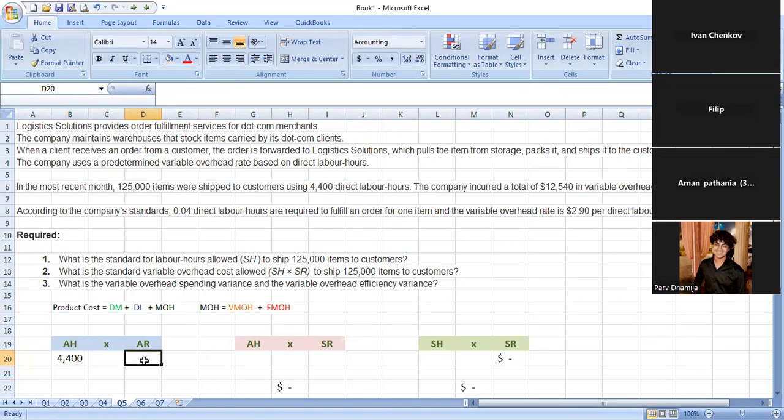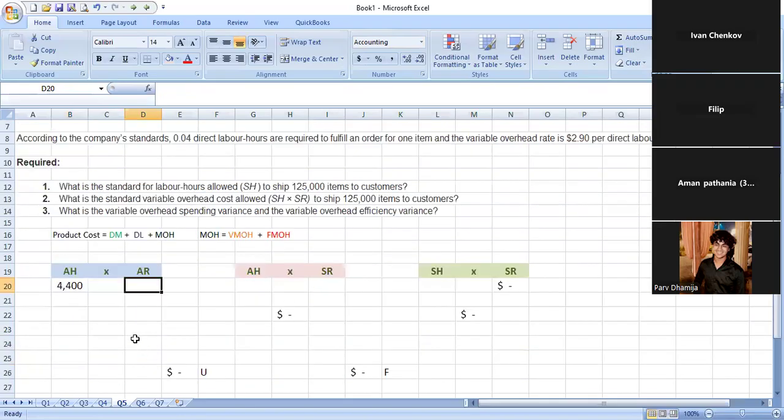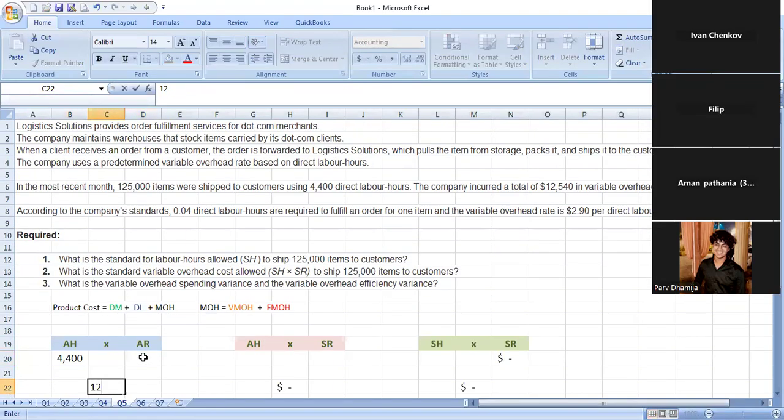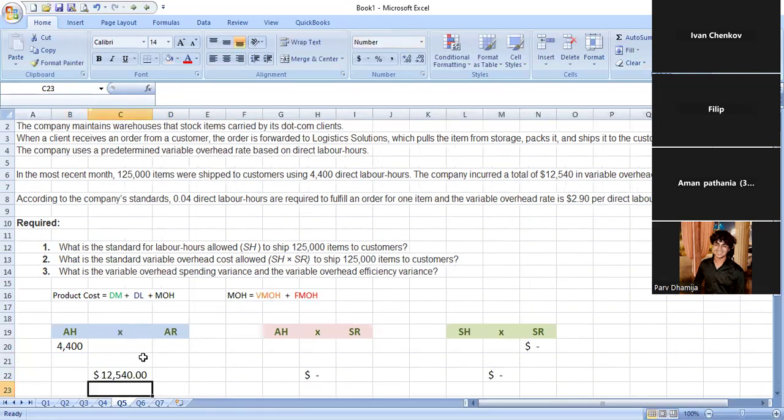Do I know my actual rate? Not explicitly, but indirectly I can get it, right? Yes, because I have my total cost, which is 12,540.